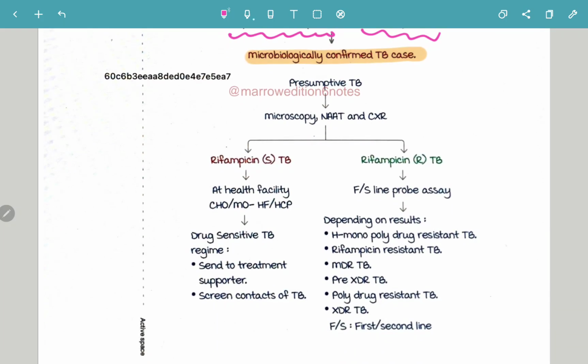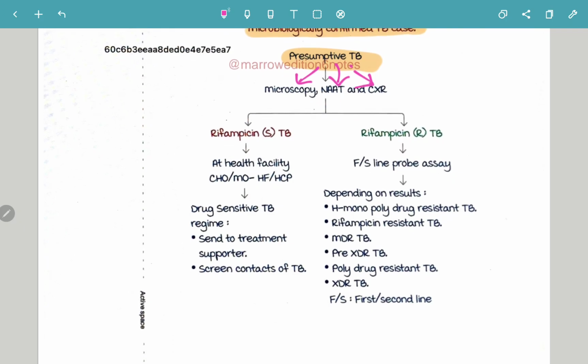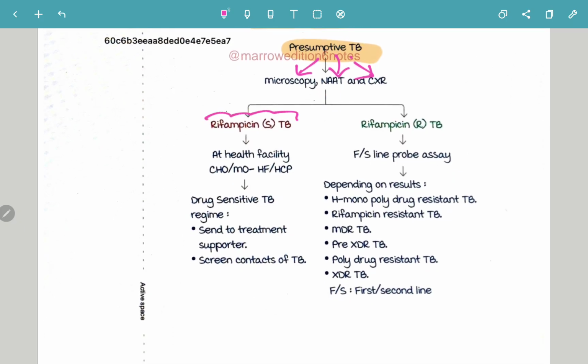Now when do you say it as a presumptive TB? For a presumptive TB, you need to look for the microscopy, you need to do the NAT, you need to do the chest X-ray. And suppose after doing this, you get a result as rifampicin sensitive TB or rifampicin resistant TB.